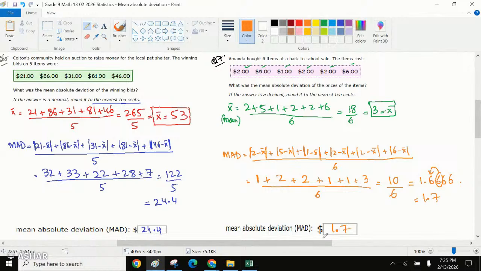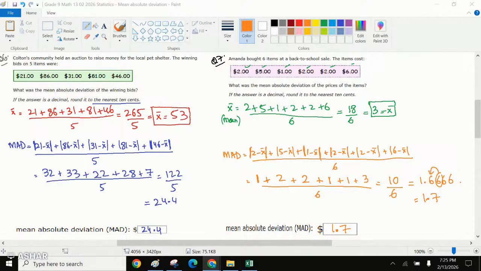Agreed? 1.7 would be the average variation, the mean absolute deviation in her price. That means from 3, the price can vary minus 1.7 and plus 1.7. So 3 was the mean, but the deviation in the mean could be 1.7 only.